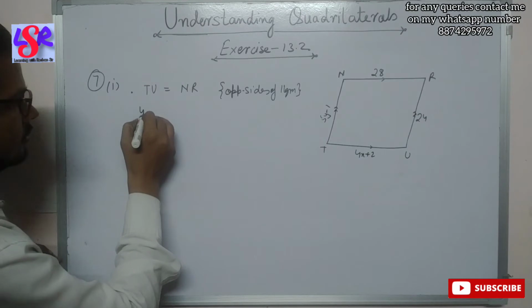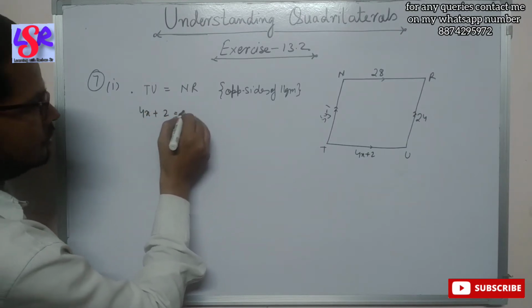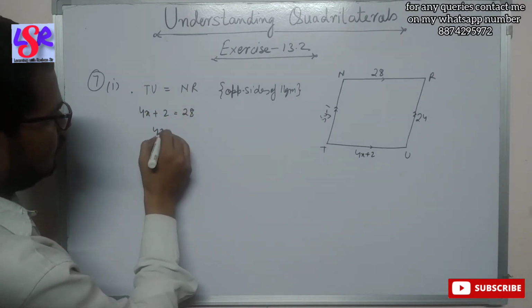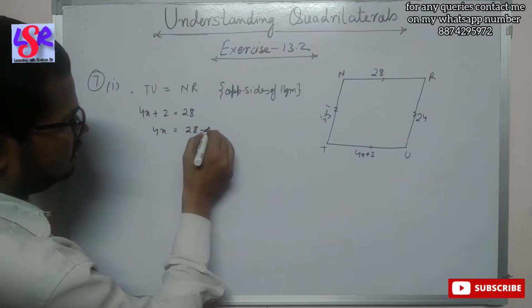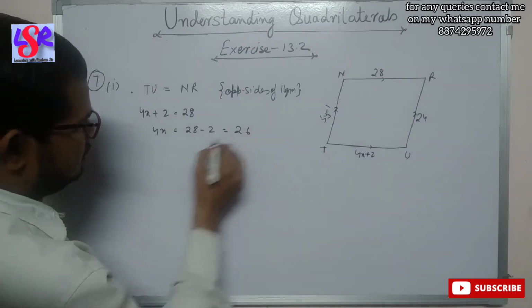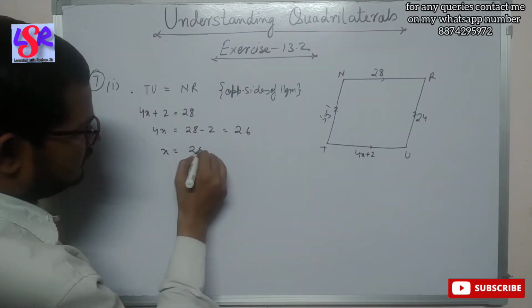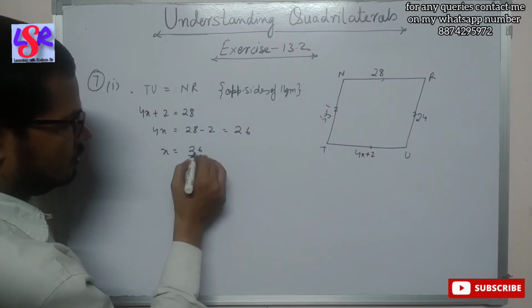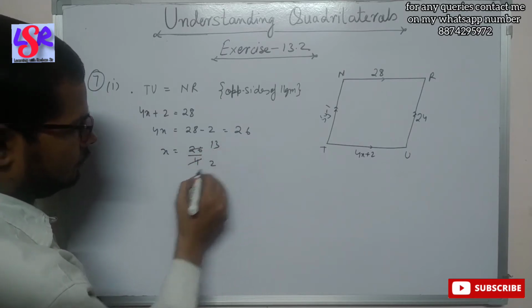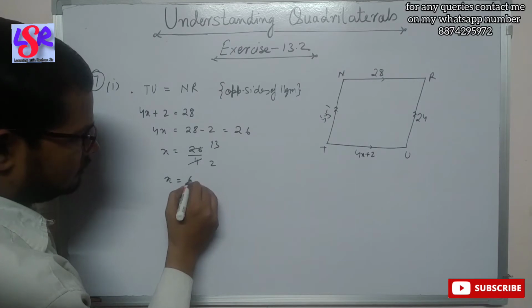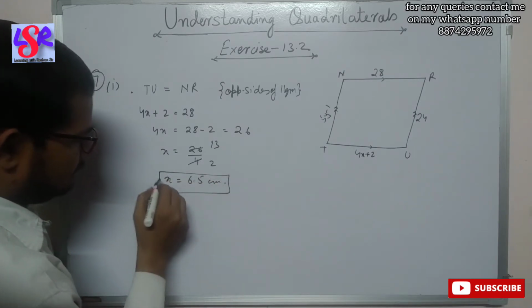So we can write this one as 4x plus 2 equals 28. That is 4x equals 28 minus 2, which will be equal to 26. So x will be equal to 26 upon 4, and on solving this will be 13 upon 2. So we get x equals 6.5 centimeter as answer.